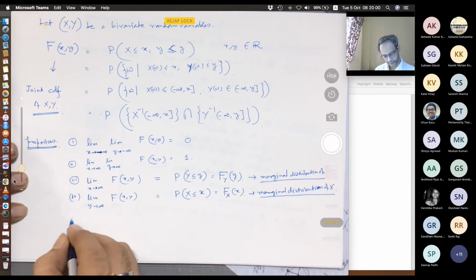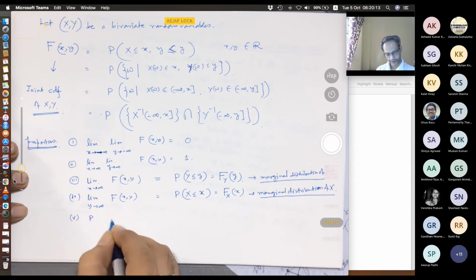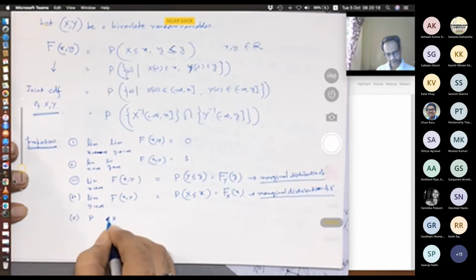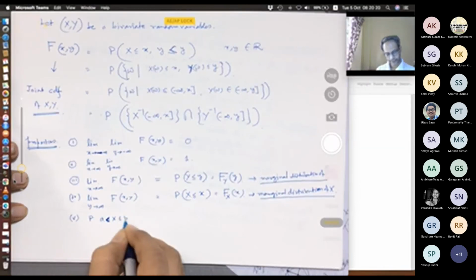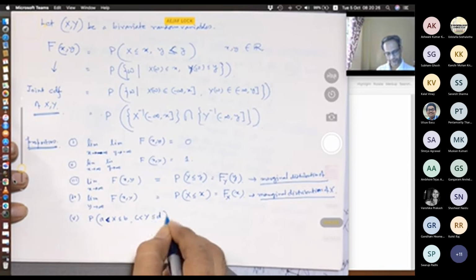Now, the fifth property, which is equivalent to the property of being a non-decreasing function. CDF is a non-decreasing function. So if we consider the probability a less than X less than or equal to b, and c less than Y less than or equal to d, then how can you define this probability?